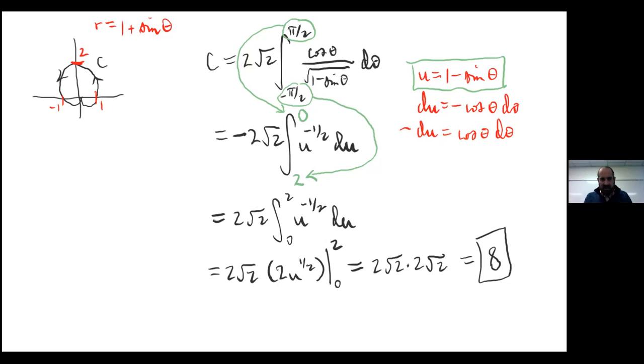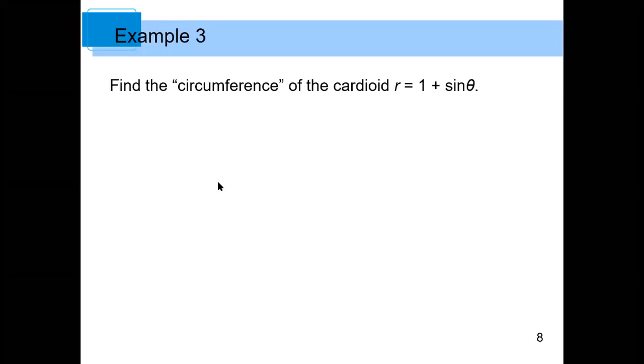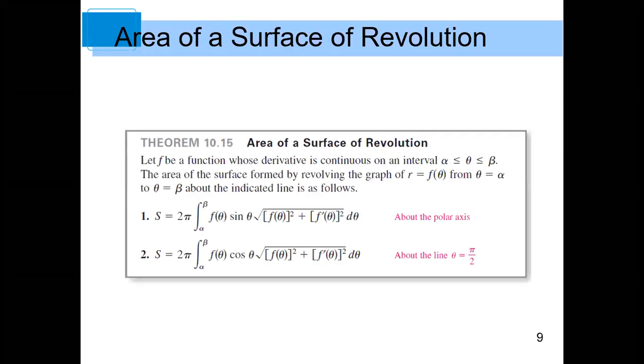All right. Let's go back to what we were doing before. Okay, here we go. Let's talk about the area of a surface of revolution, shall we? Okay.